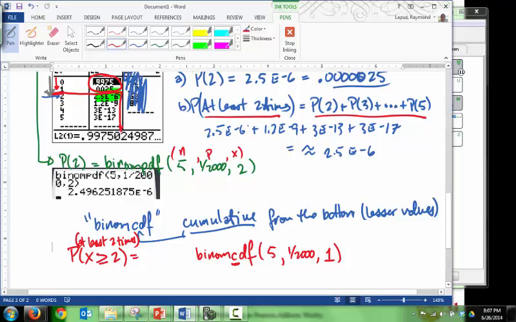The whole thing adds up to 1, right? So if the whole thing adds up to 1, and I know a piece of it, but I don't want that piece, I want the rest of them, so I need to subtract this from 1. Does that make sense? That is the key to this problem where it says at least. If it's at least, I need to look at the whole thing as one whole, and subtract out the things that I don't want, and then I would have left whatever I want.